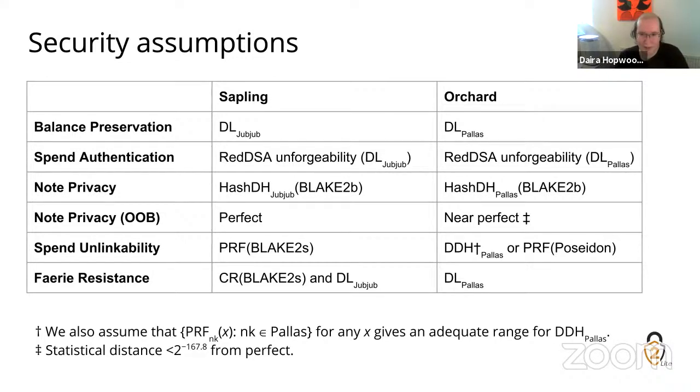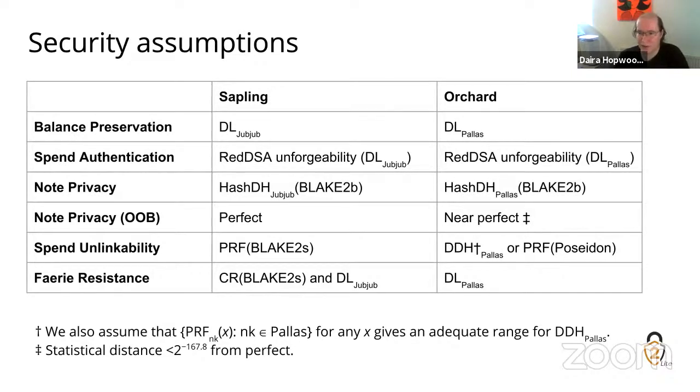Can I, even as the sender, detect when you spend it from the blockchain? So can I link the nullifier that you publish with the commitment that was posted in the transaction? And in Sapling, this was dependent on Blake2s as a PRF, as a pseudo-random function.